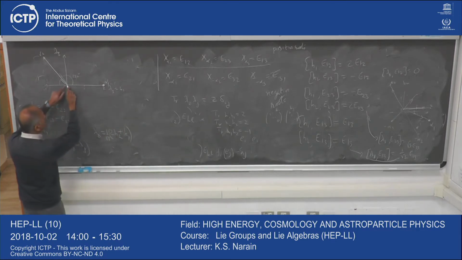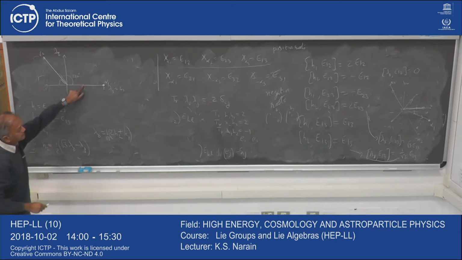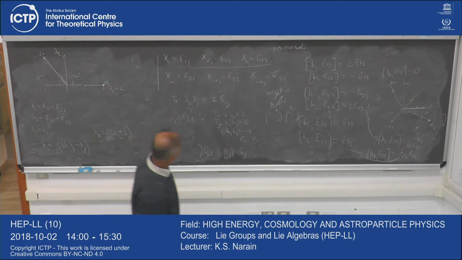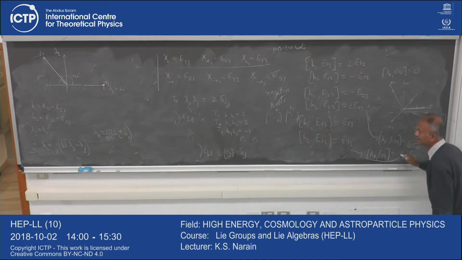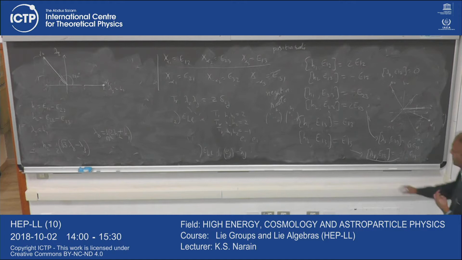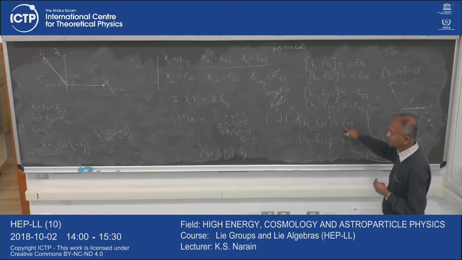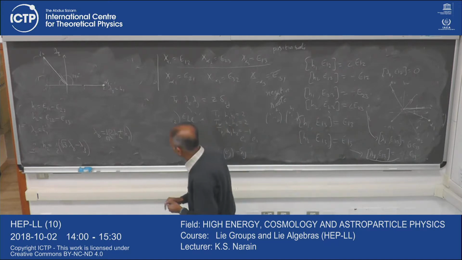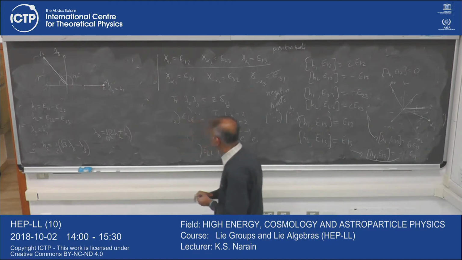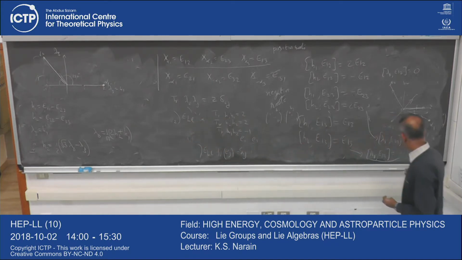So plus 1 here, and is it 1 over root 3 or root 3? 2 minus 1 is 1 over root 3, right? 2 plus 1, I'm confused.